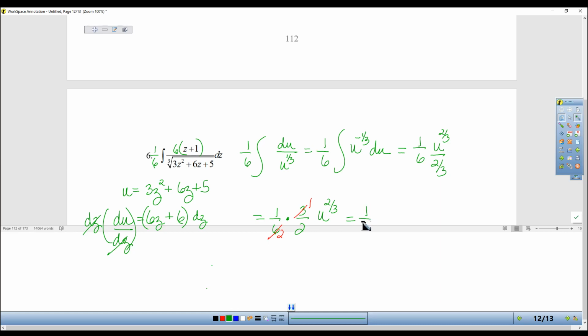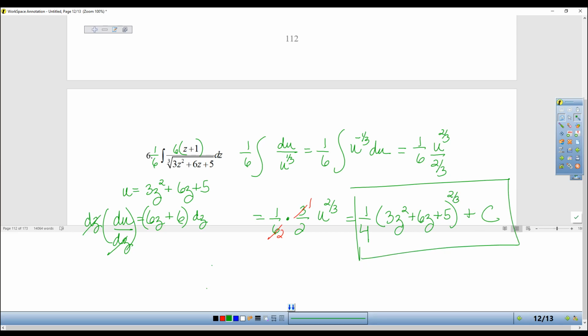So I get 1/4. And now I can put my u back in, which is 3z squared plus 6z plus 5 to the 2/3 plus c. Now I can add my c.